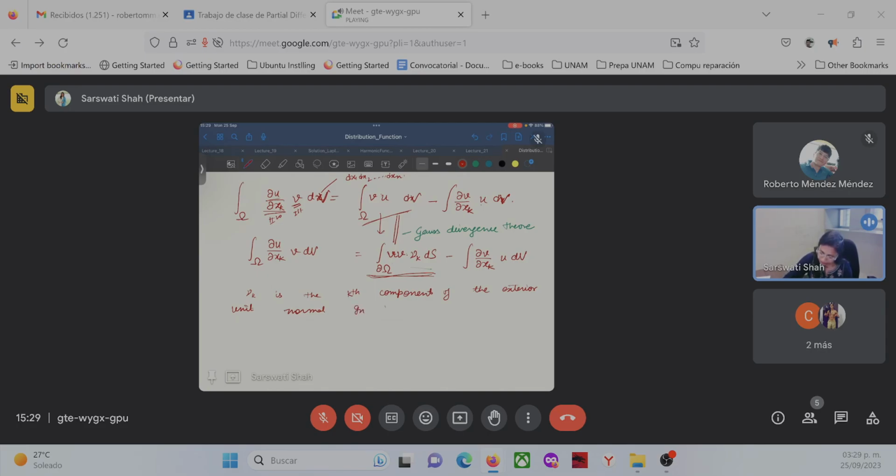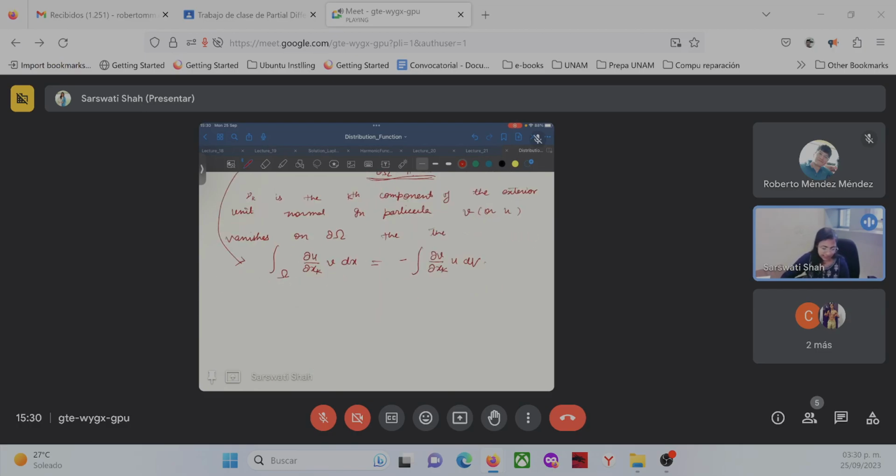In particular, suppose either v or u vanishes on the boundary, then the integral will be 0 and we are left with the integration over omega of del u over del xk times v dx equals minus the integration of del v over del xk times u dx.